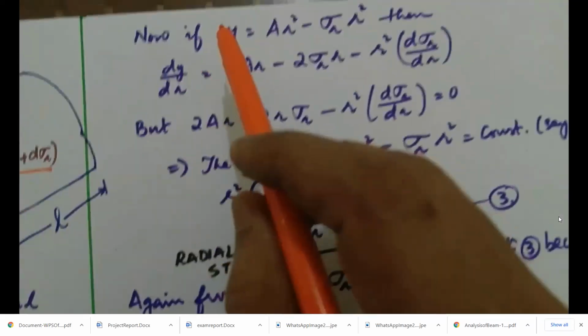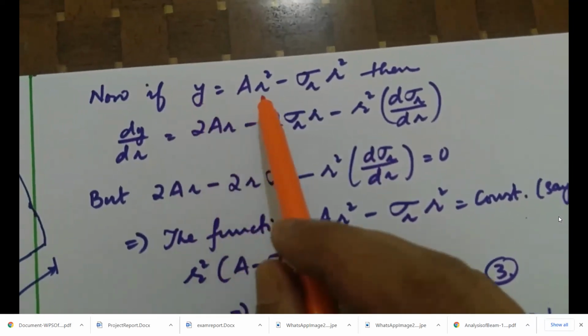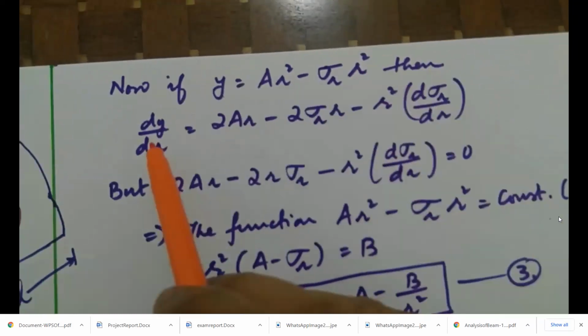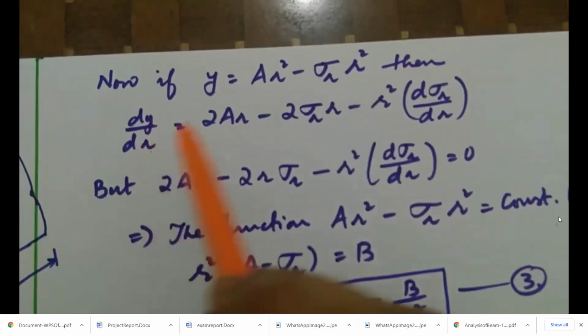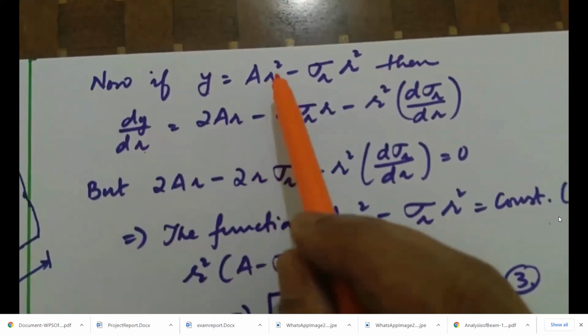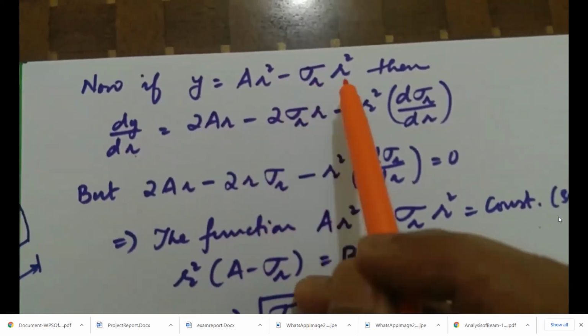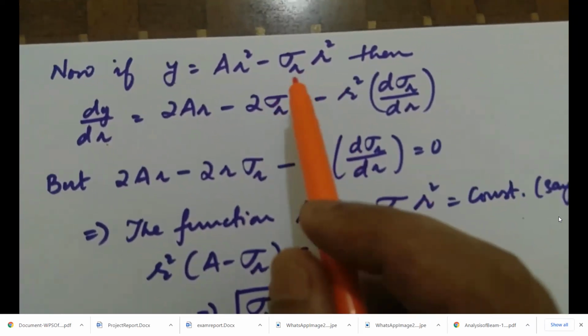Okay, we leave that equation and we just consider a function. If a function y is equal to ar square minus sigma r into r square, then its first derivative with respect to r is equal to 2ar minus, these two terms are in terms of r, so you have to do the differentiation by parts.